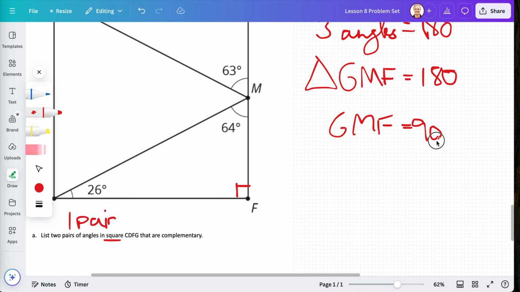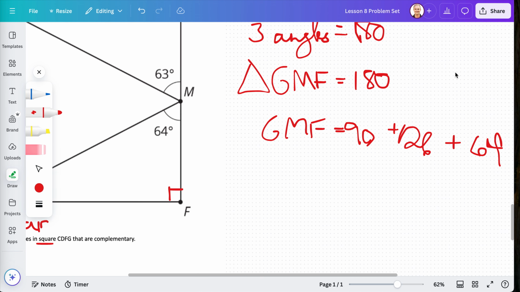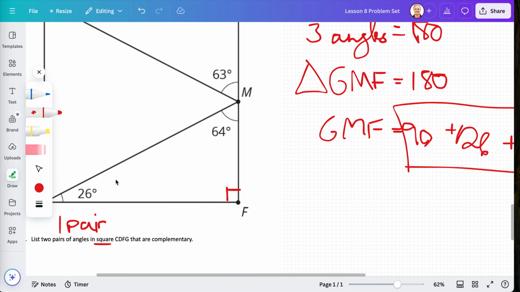The angles, so these angles should add up to 180 degrees. I'm getting tired of writing. And then just pull out your calculator and make sure that these match that. And I'm guessing that these will be one pair of complementary angles.